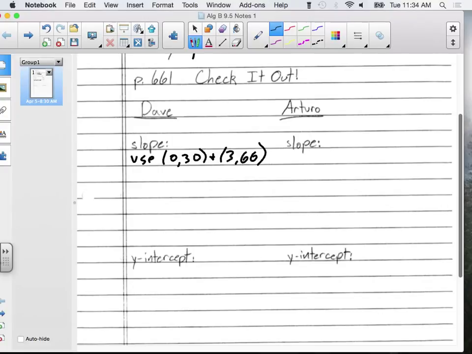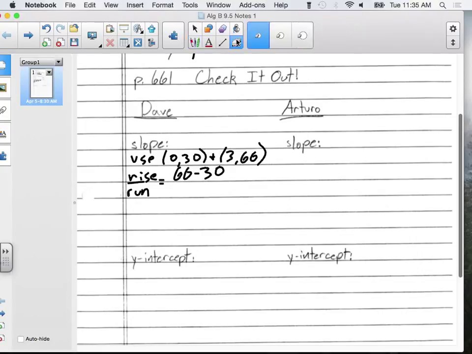So rise over run. What is the difference between our y values? Or how do we go about finding that difference? You have to subtract. So where are we subtracting from what? 66 minus 30? Or the other way around? We could do that too.